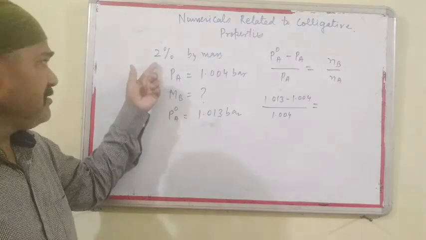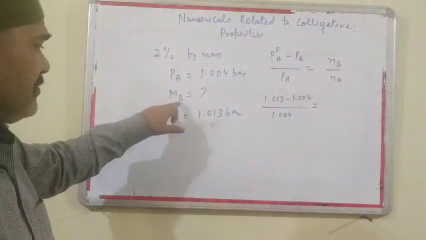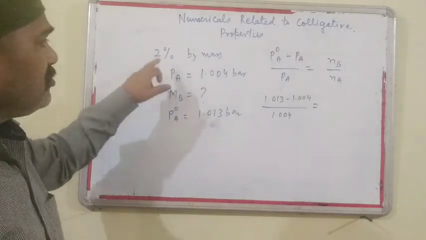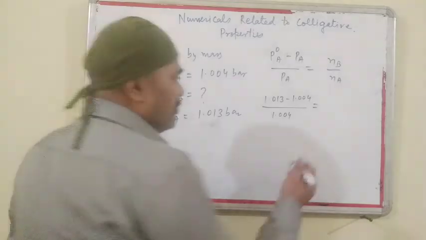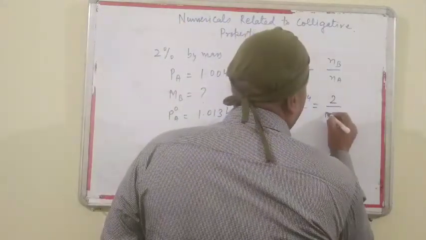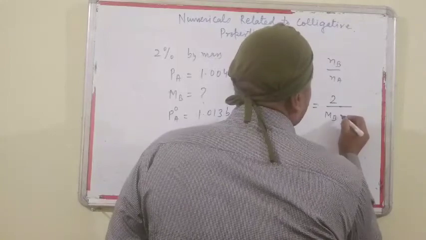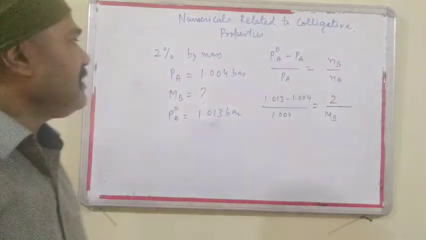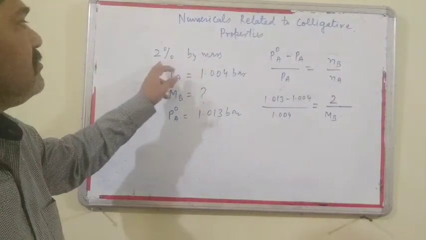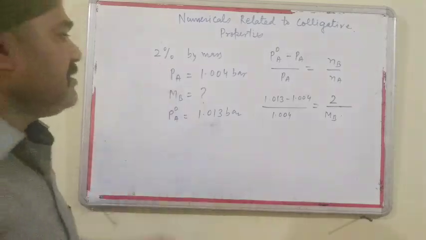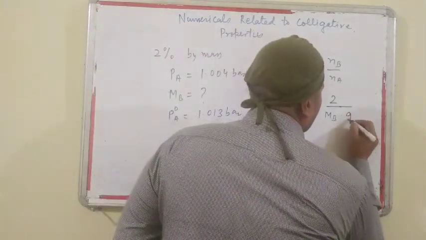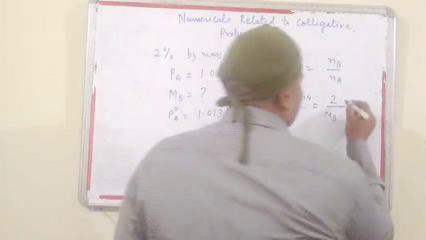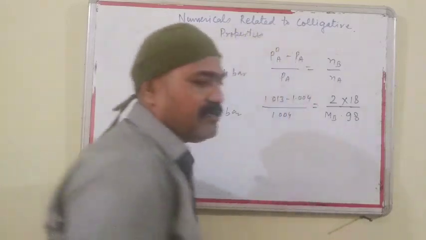Suppose MB is the molar mass of the solute, so NB will be 2 upon MB, and this is divided by the number of moles of the solvent. Here the solvent is water and the mass of the water is 98, so its number of moles will be 98 divided by 18.